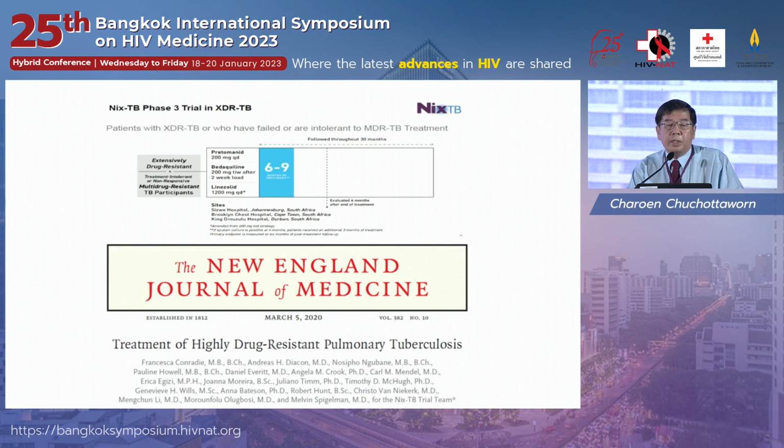Two new drugs, pretomanid and bedaquiline, were available in South Africa, and linezolid is available in the market for a long time for MRSA treatment. So they tried to treat XDR patients or any MDR-TB patients who could not tolerate the shorter regimen with this new regimen, the BPaL regimen: bedaquiline, pretomanid, and linezolid.